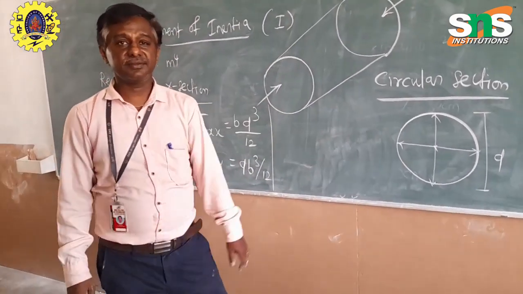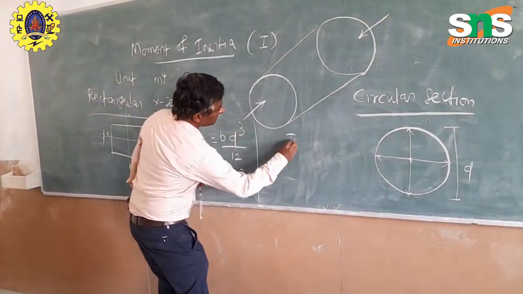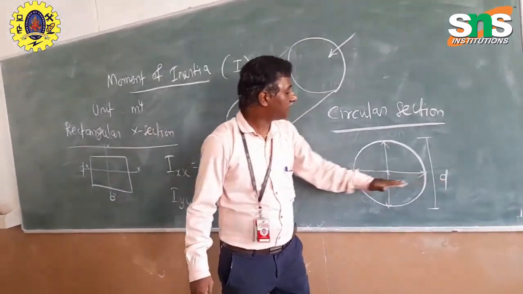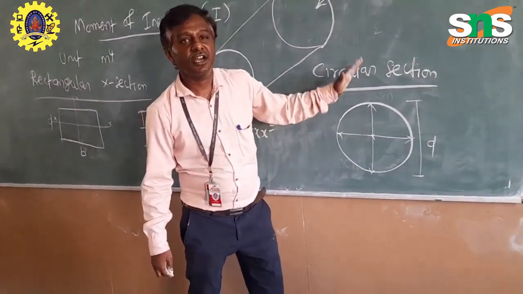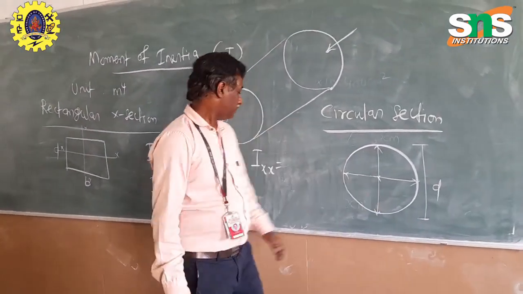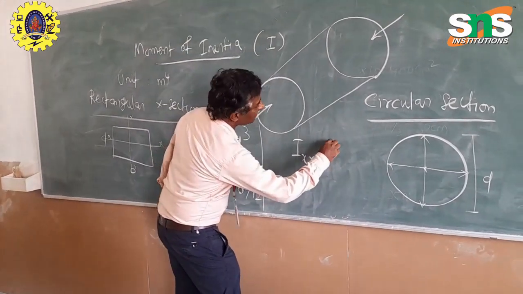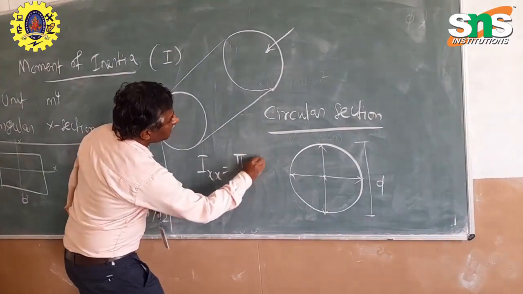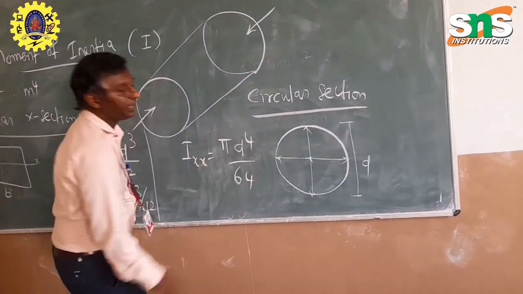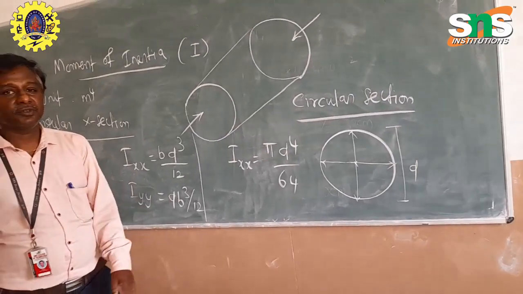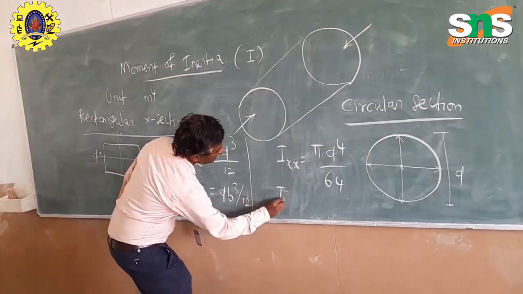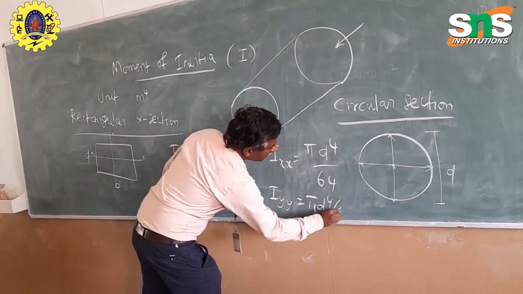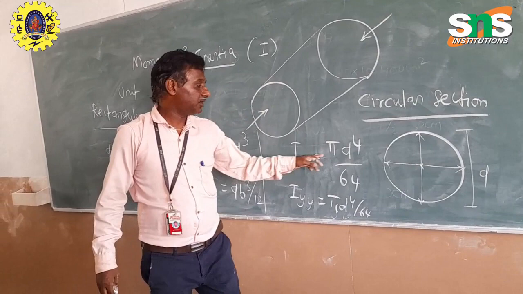For the circular section, I xx, taking the horizontal axis, top and bottom. Here you have curvature, so pi will come for the circumference. I xx equals pi d power 4 by 64, and I yy also equals pi d power 4 by 64.